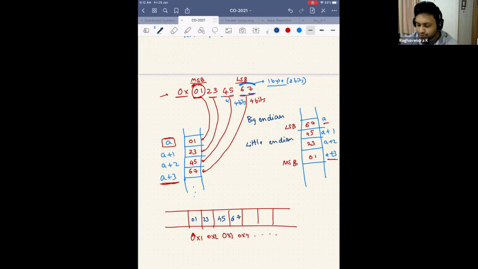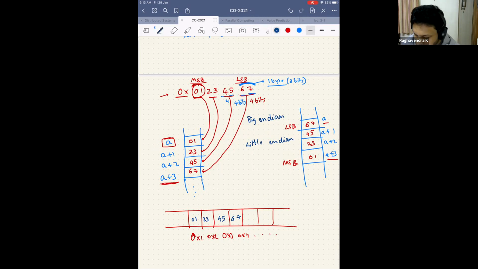So I have two choices. I can store using the Big Endian format, where the MSB goes to the smaller address and the LSB goes to the bigger address, or I can store the LSB here, which means the LSB goes to the smaller address and the MSB goes to the bigger address. But why are we talking about it? Because different architectures have used different ways of representing it.